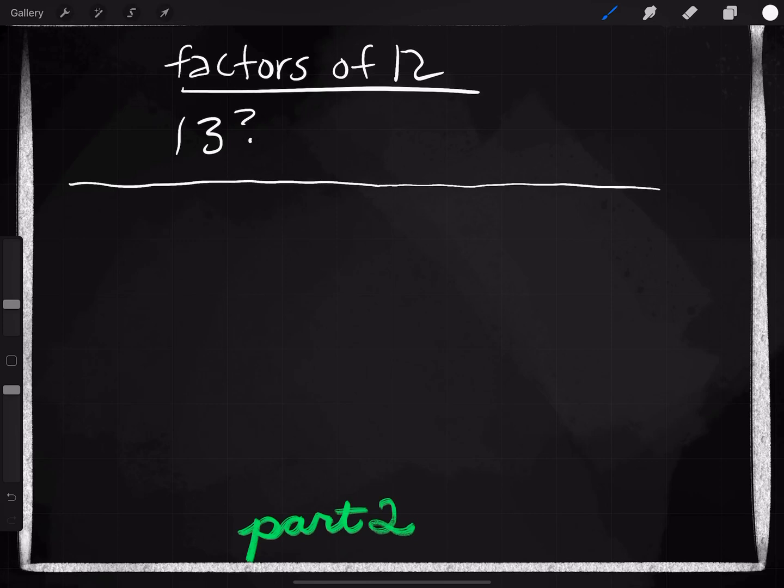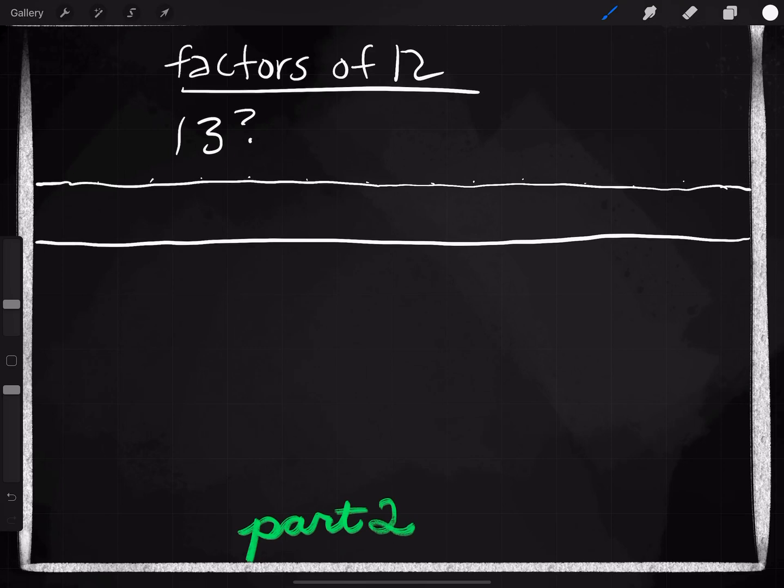So if I want 13 to be a factor of 12, it has to be the top of the box here. So 1, 2, 3, 4, 5, 6, 7, 8, 9, 10, 11, 12. Oops. 13. Okay, so my lines are going to be funky, but let's just say it's like this.